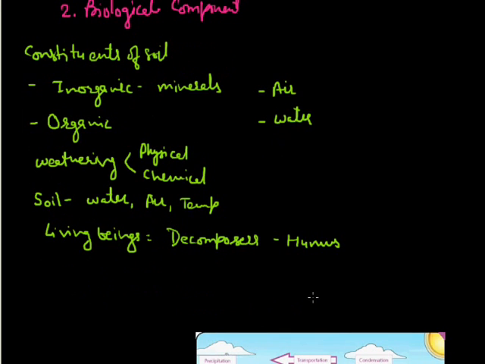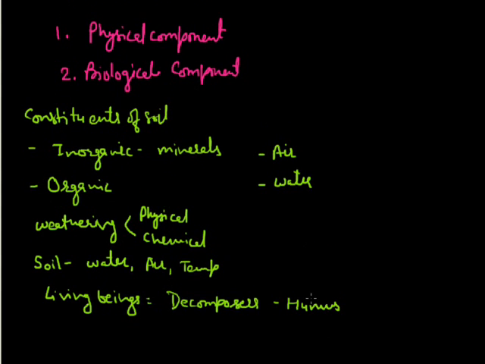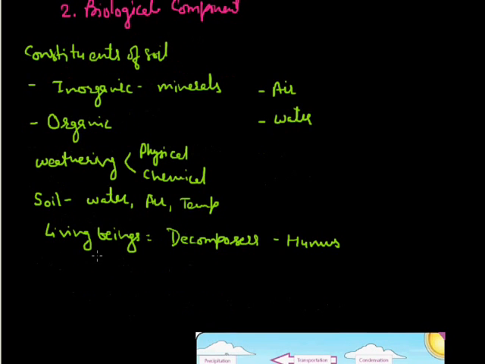Now, the next point we discuss is soil pollution. So how does soil become polluted? The soil becomes polluted due to any undesirable mixing of molecules, or the adding of agrochemicals, which are responsible for soil pollution.